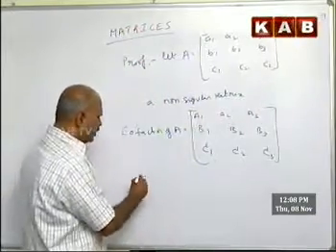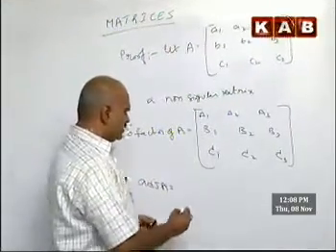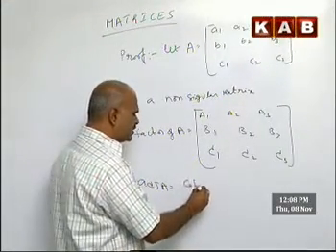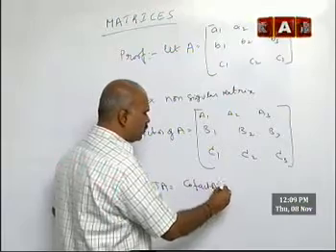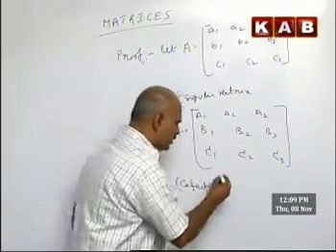Now I would like to write the adjoint of A. Adjoint of A is the cofactors matrix transpose.